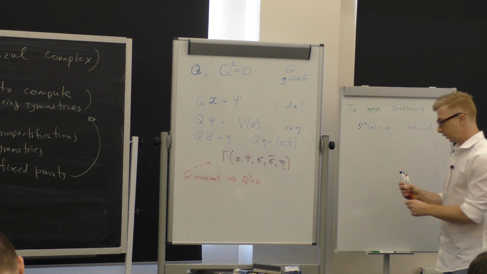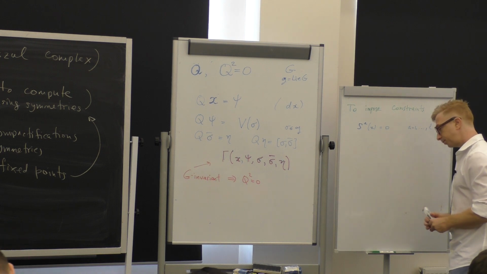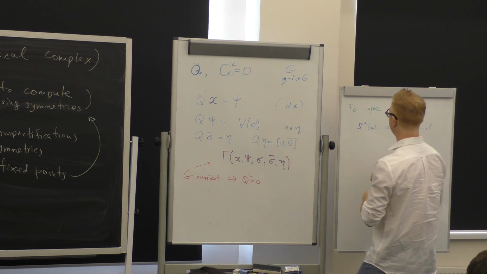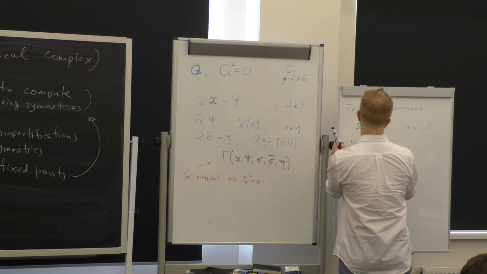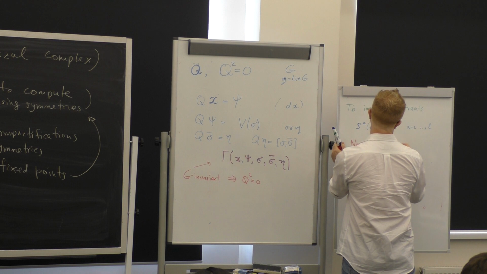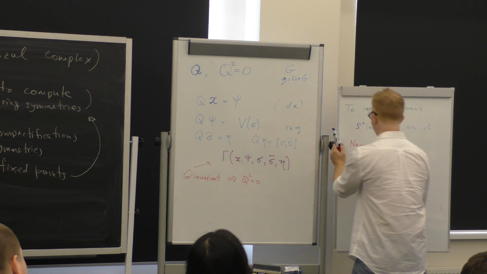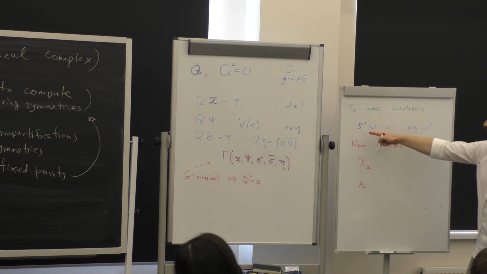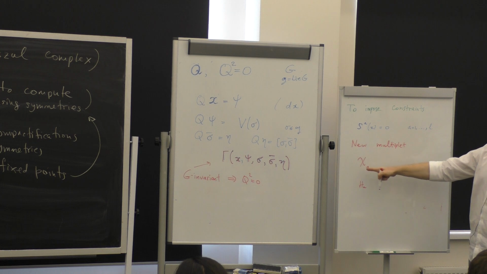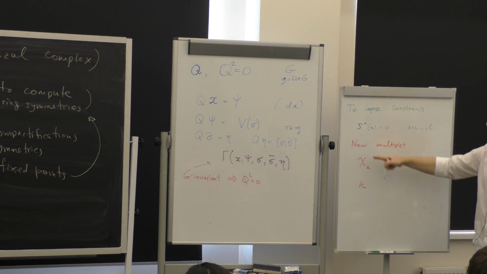So in other words, we will introduce new variables, additional variables. So a new multiplet, chi and h. So if my equations are bosonic, then the variable chi will be fermionic, and vice versa.